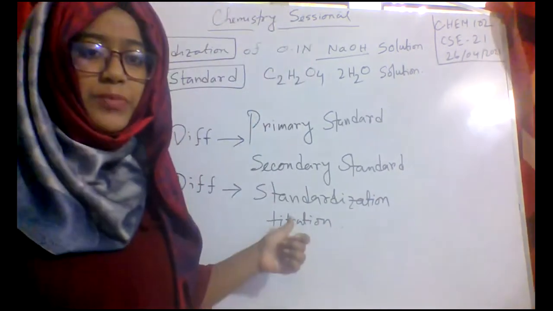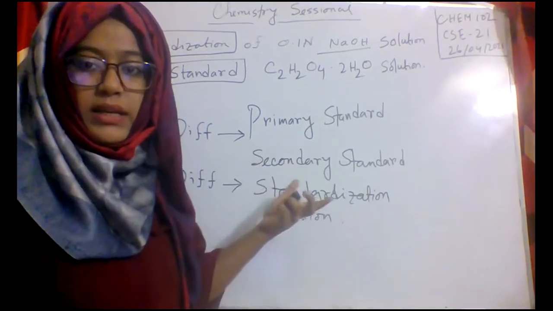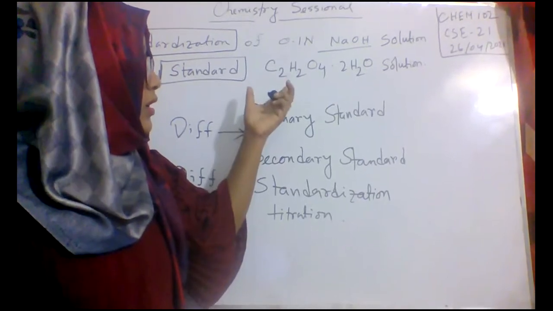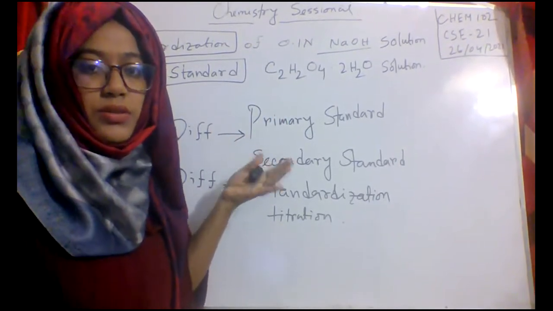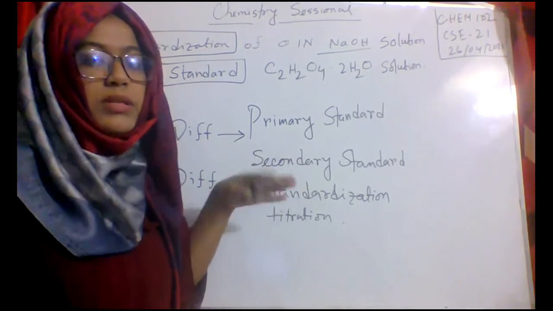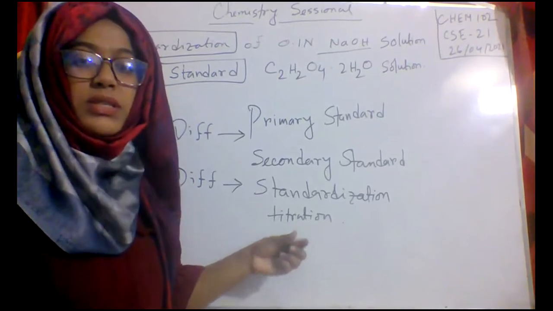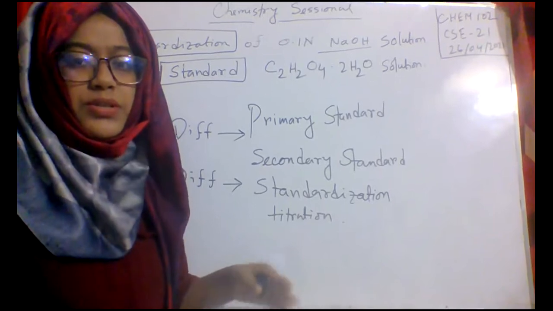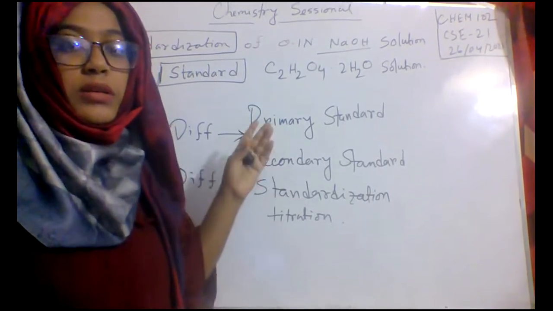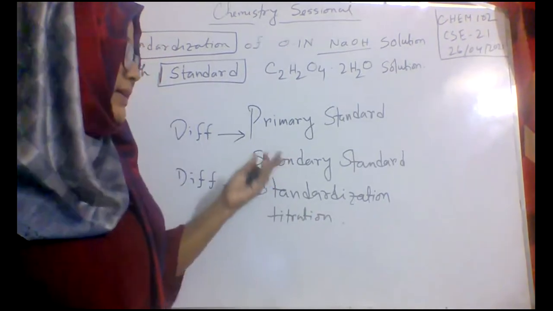Standardization is a process by which we standardize one chemical species by another standard solution, which is primary standard or secondary standard. But titration is the process by which we just find the unknown concentration by a known concentration. It is not mandatory that there should be a standard solution, primary standard or secondary standard.